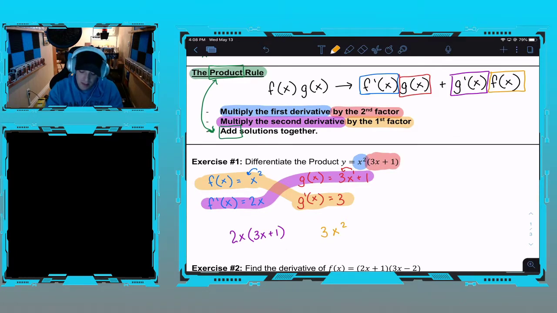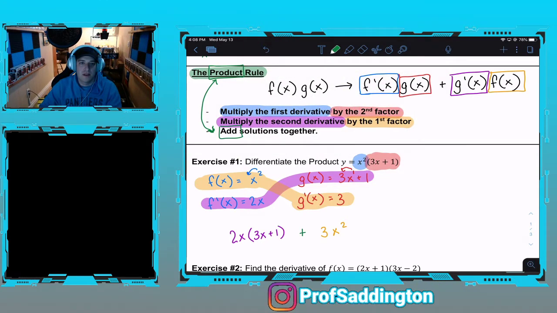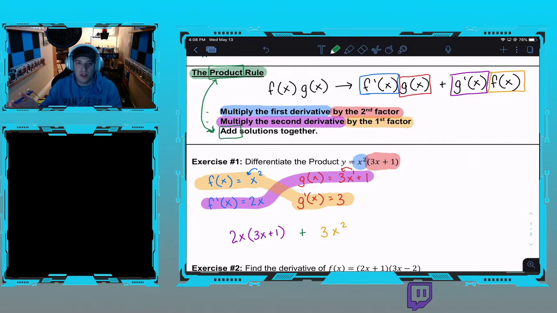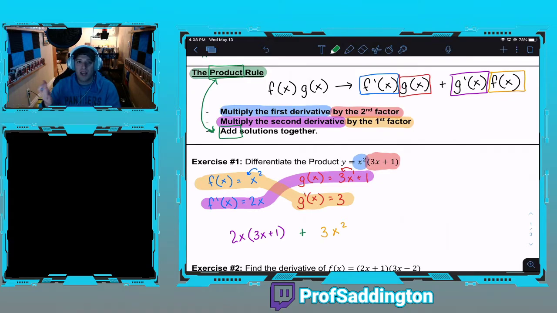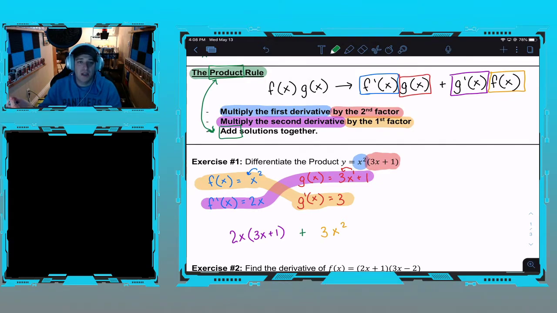And then the last step said that I'm just going to add the two solutions together. So all I'm doing is I'm taking the derivative of each, I'm going to almost kind of in a sense cross multiply, and then add the two solutions together.